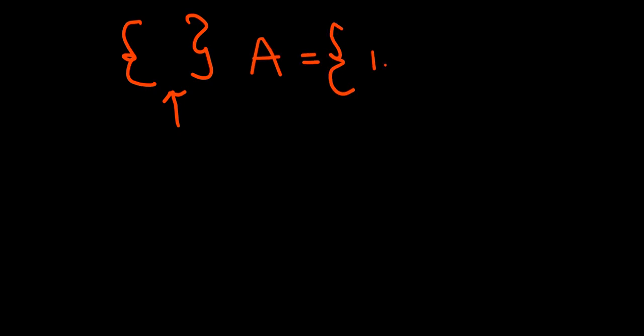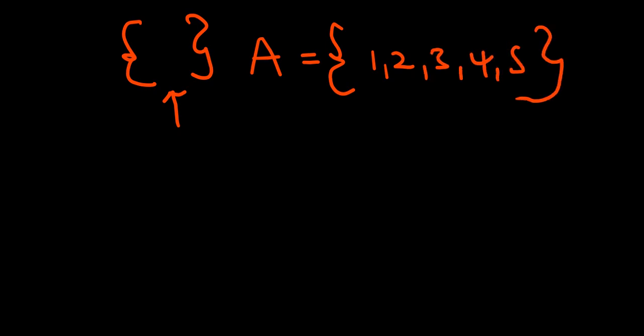So the common brackets that you learned in grade 12, these here, are called curly brackets. They are used to list the members that are in that set. For example, we can say set A has the following members: 1, 2, 3, 4, and maybe 5.